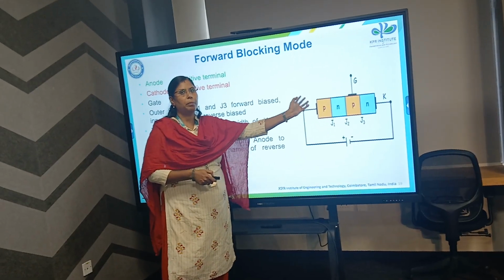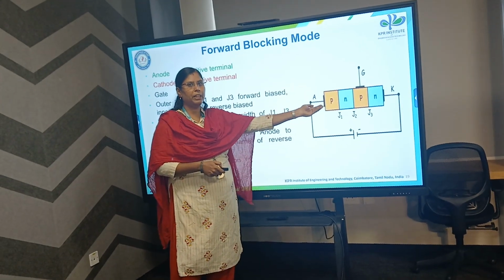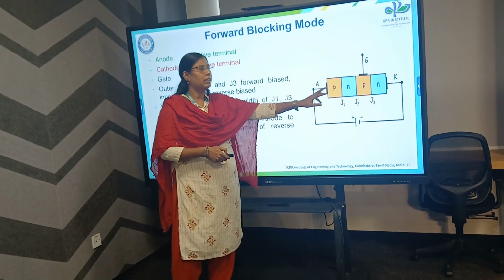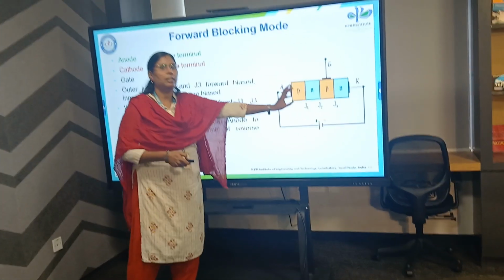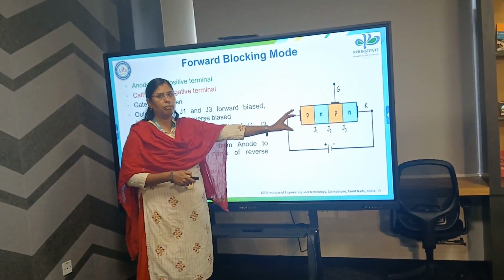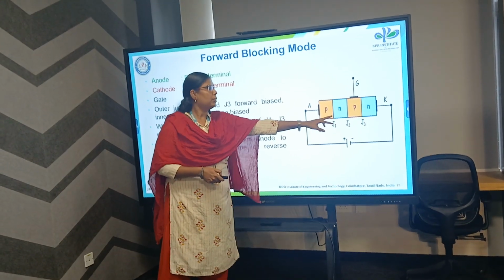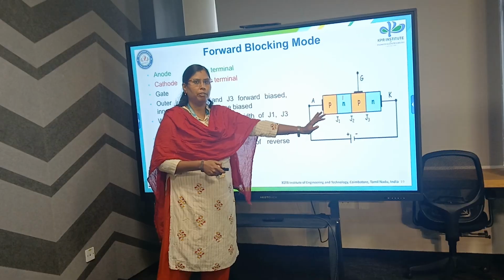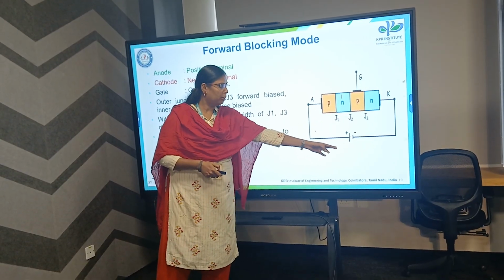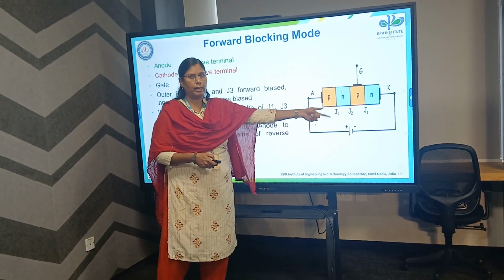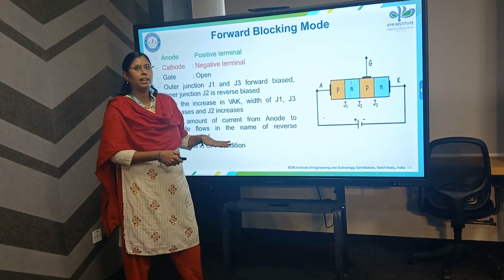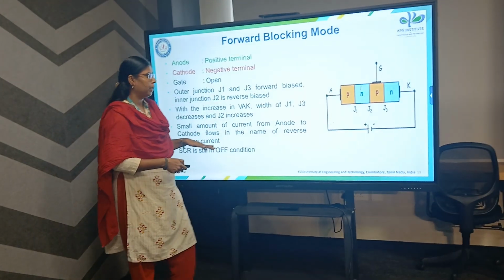The recombination in the P type is higher, so the depletion region width of the J1 and J3 junctions will be very small. But there is no reaction in J2, so the current flow will be very minimal. Since we are giving the forward bias supply between anode and cathode, it is called the forward blocking mode. Still the SCR is in the off state.